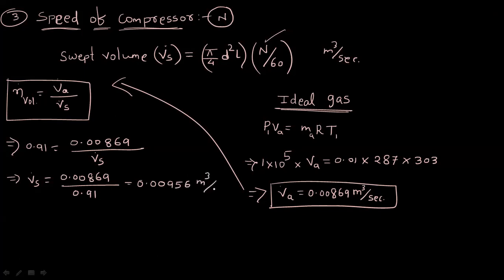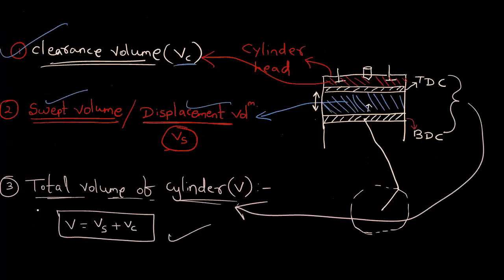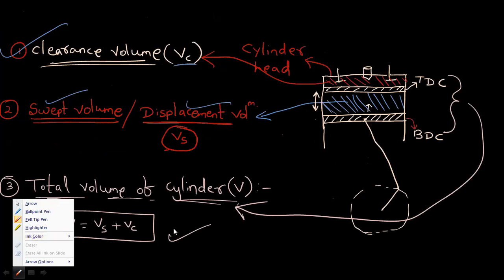Unit is meter cube per second. Okay. Now we got the swept volume also. Then from this formula, we can calculate the speed of the engine. So for the speed of the engine, we will go to the next slide.